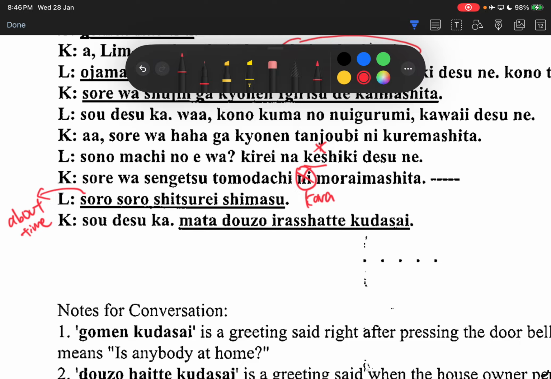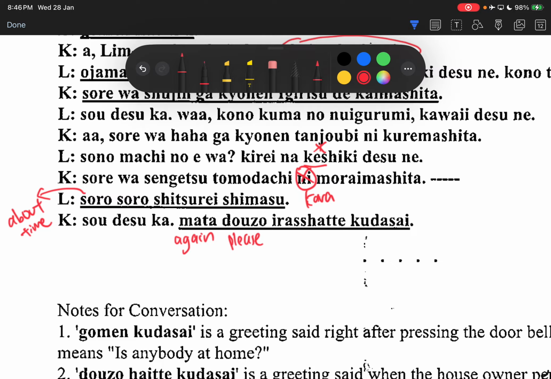Okay, so そろそろ失礼します. Then K says, そうですか. So そうですか just means, oh, is it? Oh, I see. またどうぞ. どうぞ means please. Remember in lesson 1 we learned またね. また means see you again, means again. So again, please いらっしゃってください. いらっしゃって is te form for the word いらっしゃいます. いらっしゃいます is related to いらっしゃいませ.